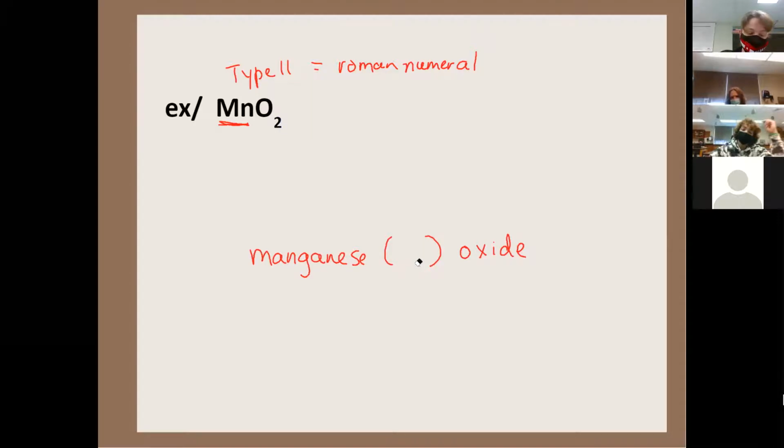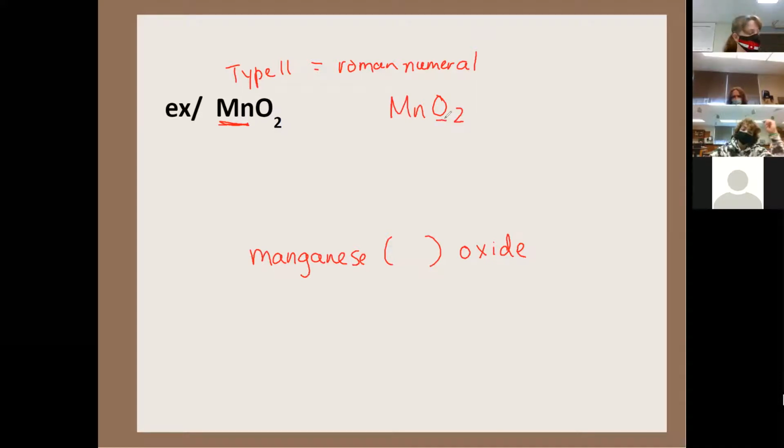So using the method that he showed, I'm going to rewrite this here. Remember that to figure out the charge of the metal, you have to work backwards. And we always start with the second part of the compound because we know that charge. In this case, we're dealing with oxygen, and oxygen's an element.